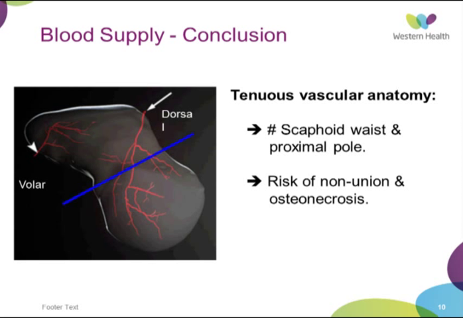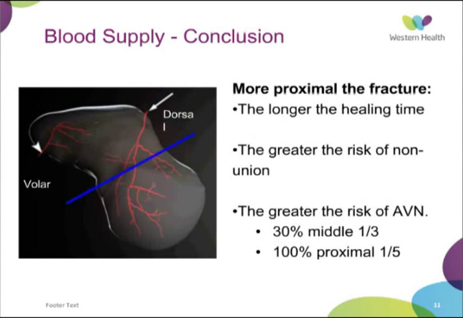Hence, a fracture in this position has an increased risk of non-union or osteonecrosis of the proximal end. So the more proximal the fracture, the longer the healing time, and also the greater the risk of non-union. And also the more proximal the fracture, the greater the risk of avascular necrosis of the proximal end.